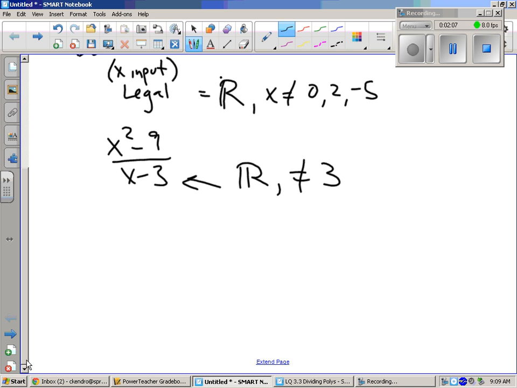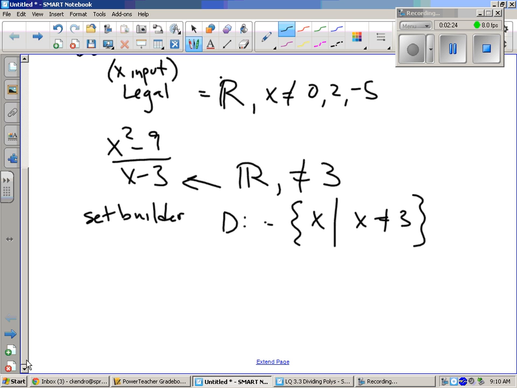Now, in the book, you're going to see set builder notation. Okay, it's just kind of a fancy way. You'd say domain equals, and then a nice bracket, x such that x cannot be 3. So, you know, these two things mean the exact same thing. When you get to college, they like the fancier stuff.